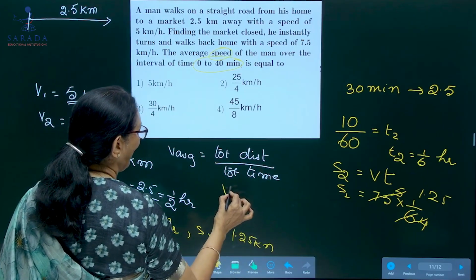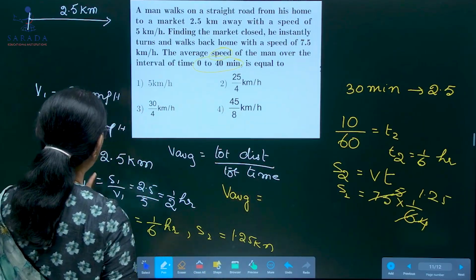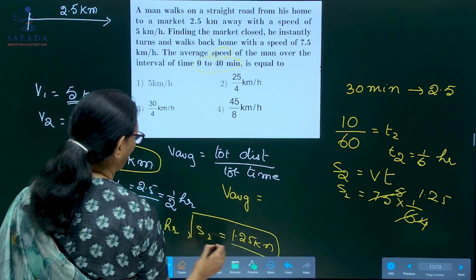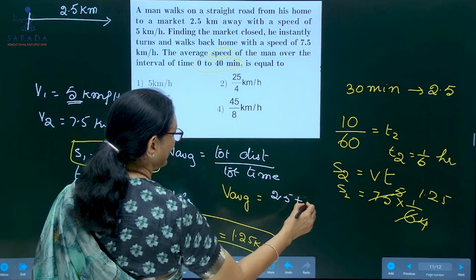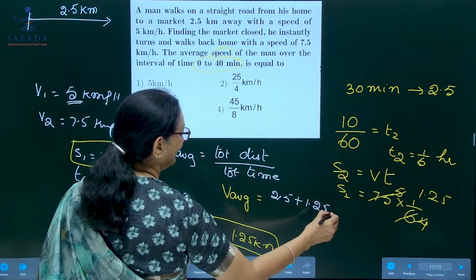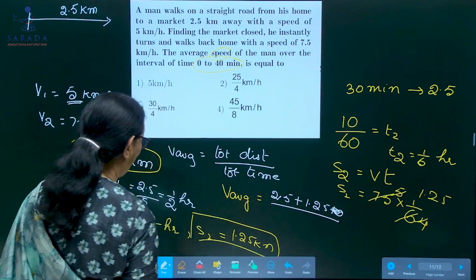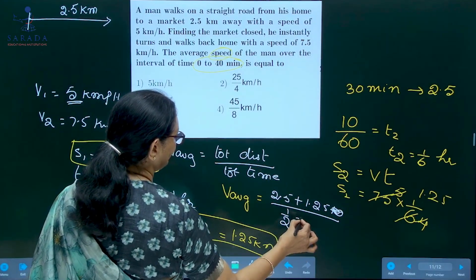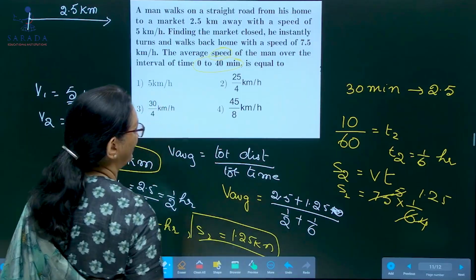Then average speed is equal to total distance S1 plus S2, 2.5 plus 1.25 kilometers, divided by T1, half an hour, plus T2, 1 by 6 hours.